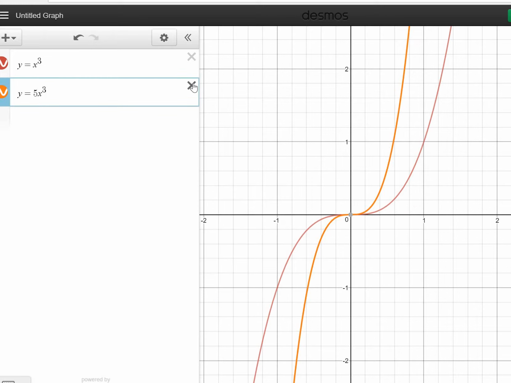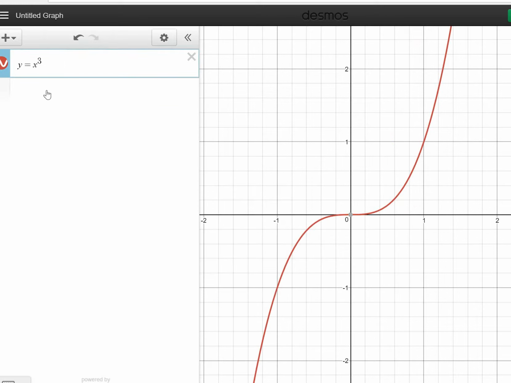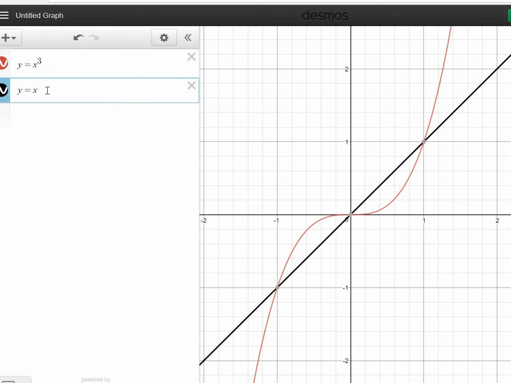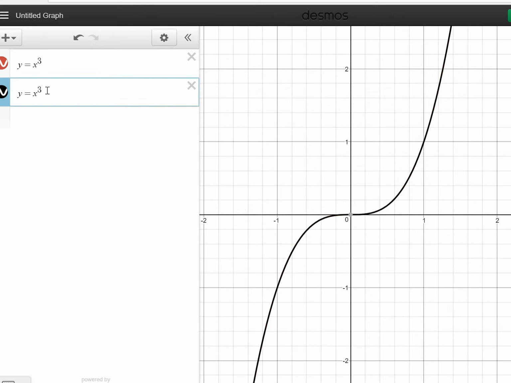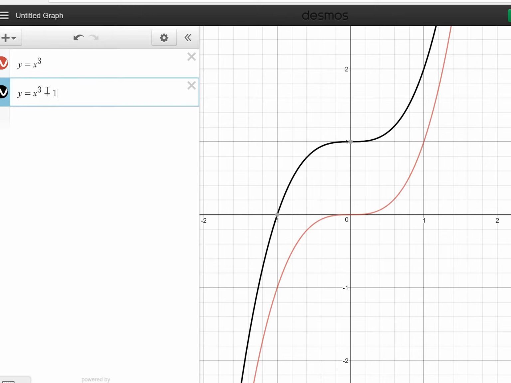What about if we add something onto our graph? So we might start with y equals x cubed, but then we add a constant term. What do you think will happen? Well, based off what we've seen, if we add a constant term, it pushes our graph up.